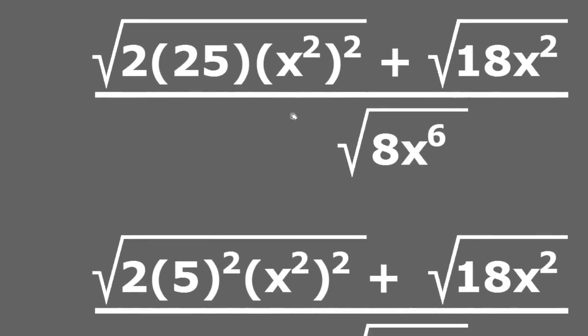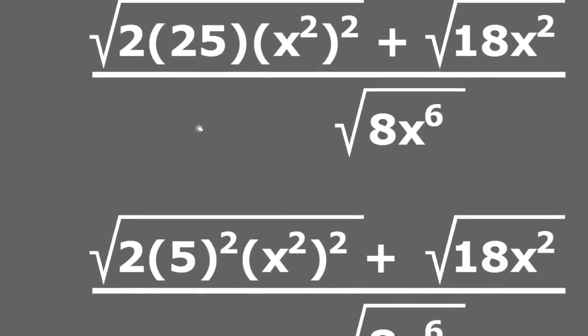The second thing that I do is that I rewrite the 25 as 5 squared. 5 squared is just 5 times 5, which is 25. Now I have the square root of 2 multiplied by 5 squared multiplied by x squared, all of that also squared.